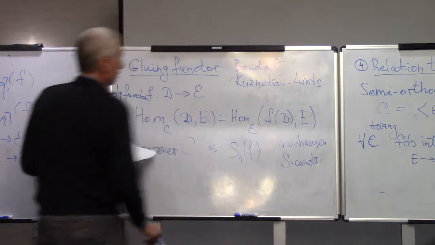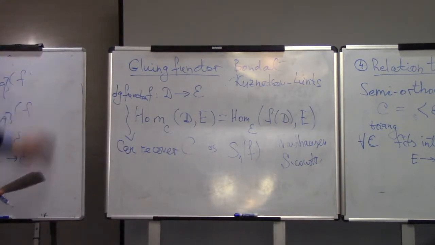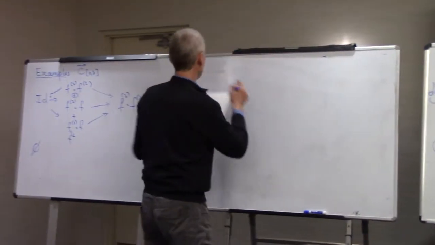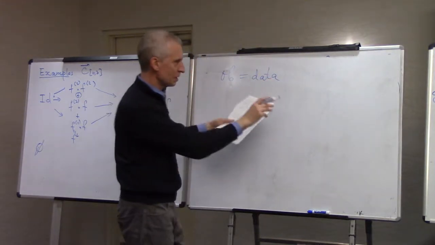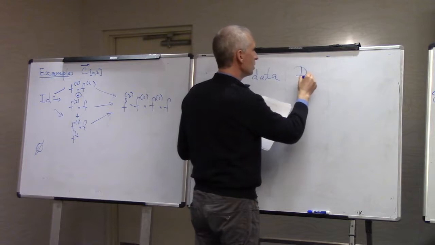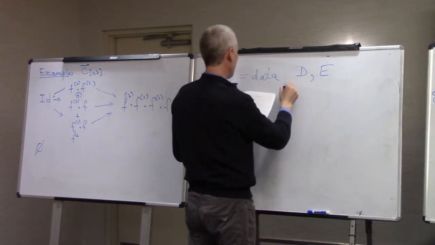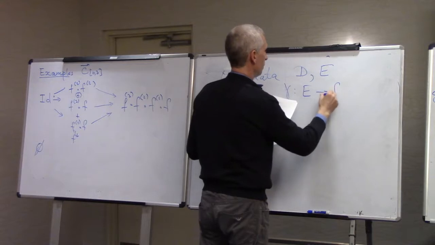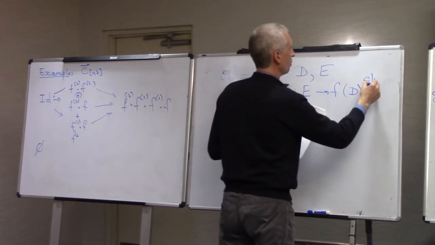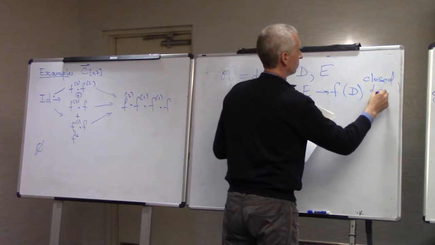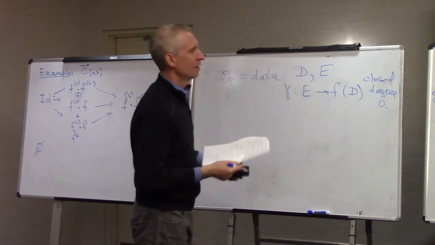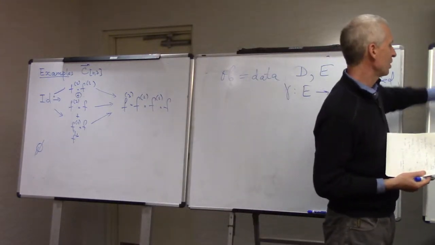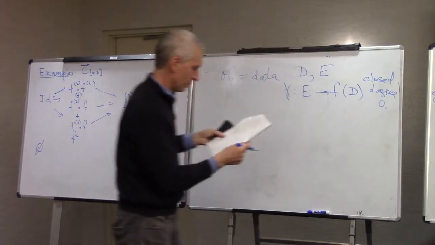Basically, in elementary terms, an object of the new category will be data of an object D and an object E, and a morphism gamma from E to F of D, which will be a closed degree 0 morphism. If you make such things into a DG category, then the corresponding triangulated category will have this type of semi-orthogonal decomposition.